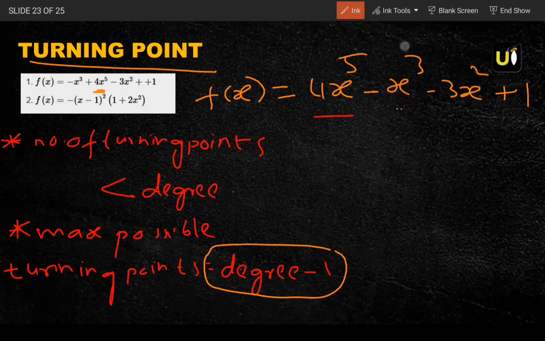Okay, this derivative must be equal to 0. See, look here, 5x power 4 minus 3x cube minus 6x. So this is the first order derivative for this f of x. This must be equal to 0. Now taking x common, it will be 5x cube minus 3x minus 6.